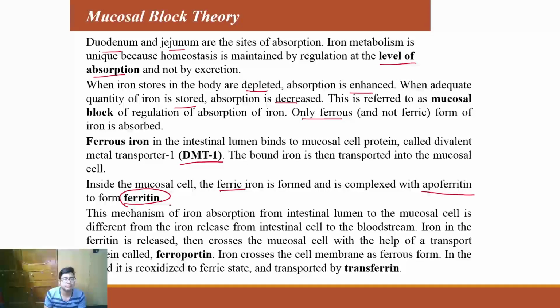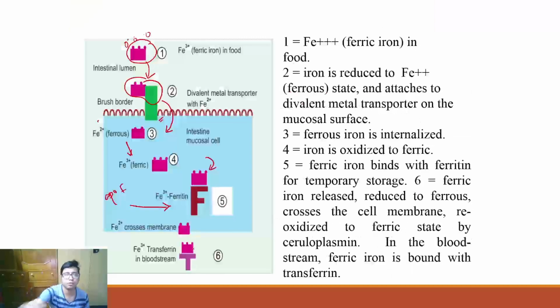It will cross the mucosal cells with the help of a transporter known as ferroportin. Over here it is not mentioned, but I'll draw it for you. Over here there is another transporter, that is ferroportin.